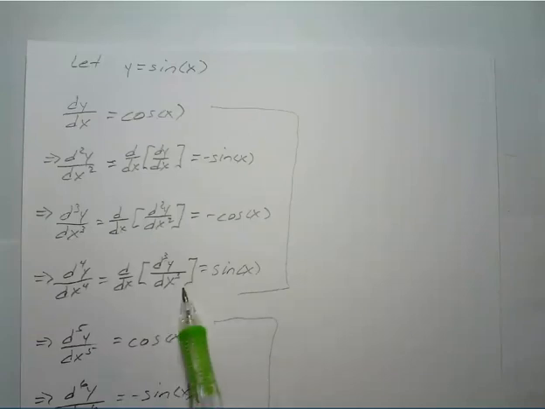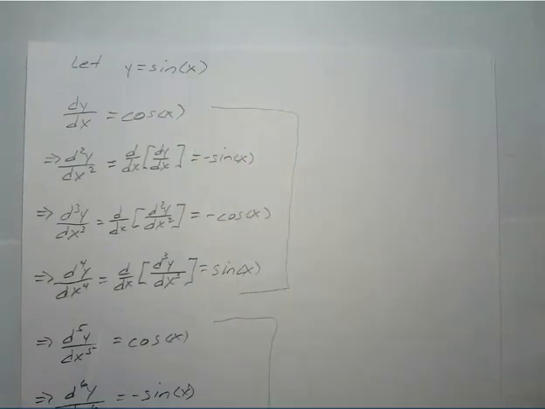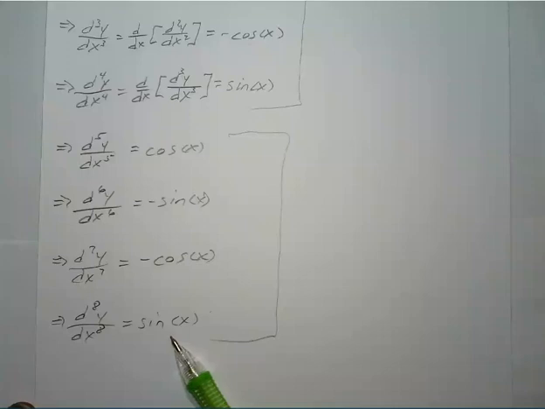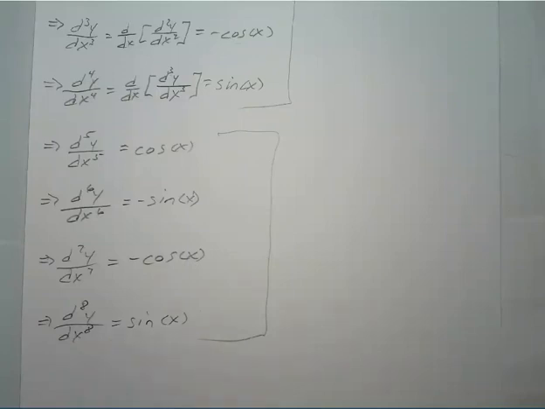By the time you get to the fourth derivative, you end up right back where you started. Same thing with the eighth derivative. You end up right back at sine. It will be the same thing for the 12th derivative, 16th derivative, any multiple of 4.